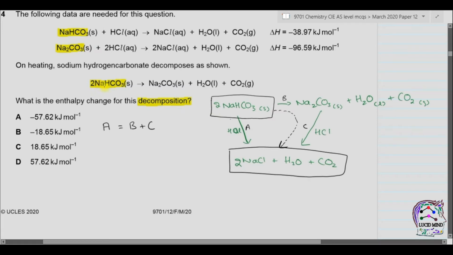2 NaHCO3 are giving 2 NaCl and water and carbon dioxide. So 2 moles of NaHCO3 are involved. So taking value from the first equation, we have sodium bicarbonate with HCl and the enthalpy change is minus 38.97. So as 2 moles are involved, it will be 2 into minus 38.97. It comes to be minus 77.94.